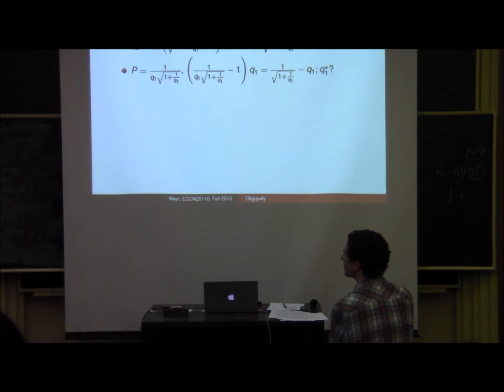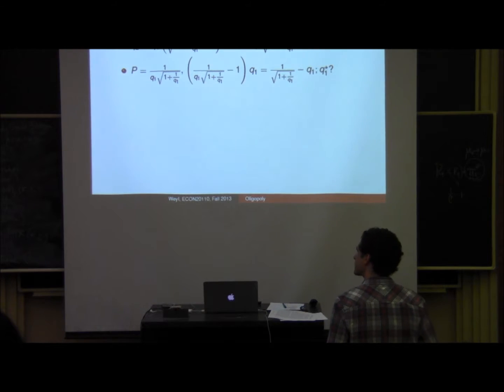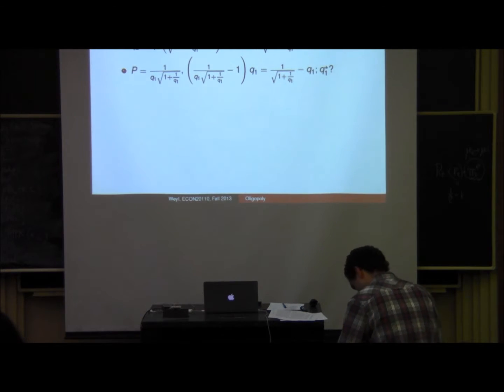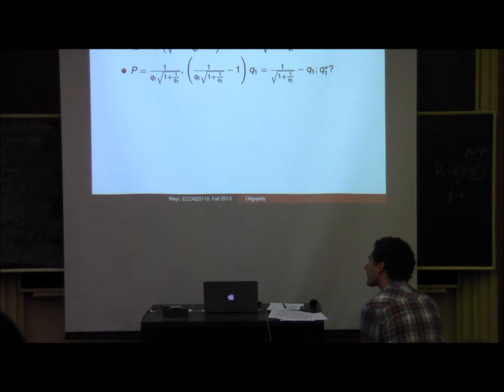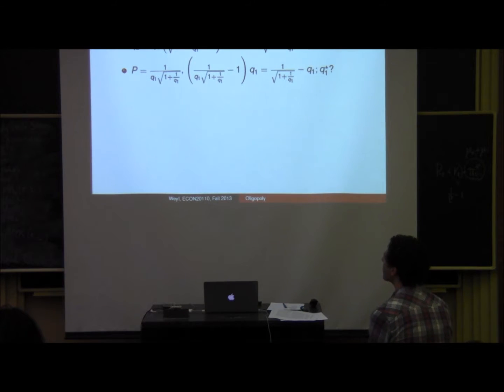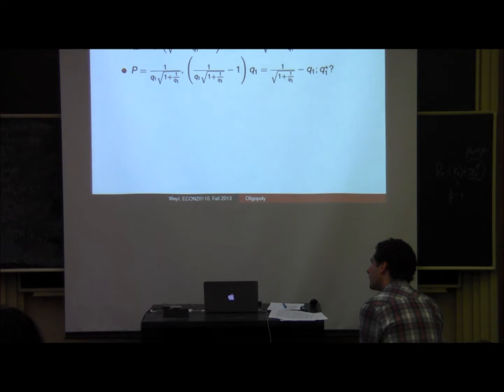Probably don't call that P because that's price, call it pi. That's what we usually call profit. Minus Q1. And we need to set, so we maximize this when the derivative is 0.